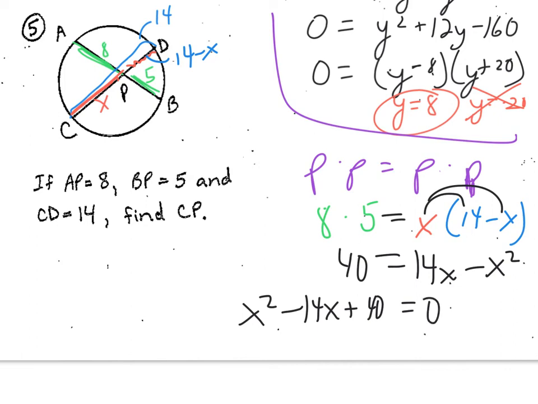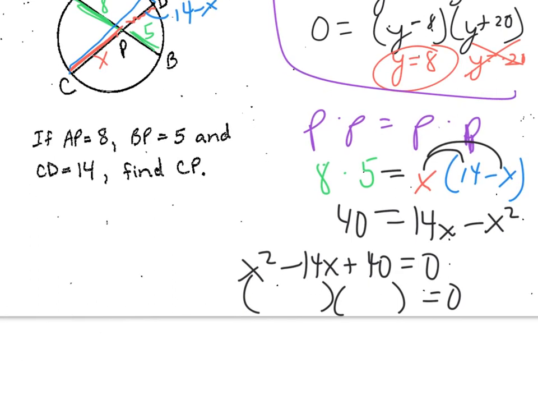I always like to keep that X squared term positive, so that's why I chose to put that on the left side. And now I'm going to look at factoring that, or you could be using quadratic formula right now. Let's see if I can factor that. X and X. I need two numbers to multiply to get 40. 10 and 4. Minus 10 minus 4. So I get X equals positive 10, X equals positive 4.